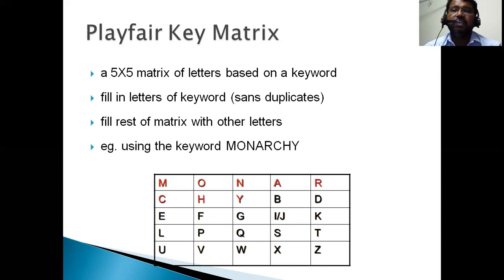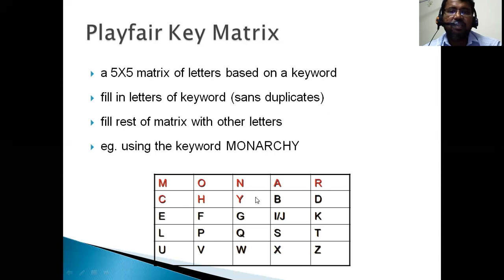The keyword can be any character or string of characters. Suppose in this example the key is monarchy. Monarchy is the keyword, and in this 5 by 5 matrix we are going to generate a complete key using it. We write monarchy first.